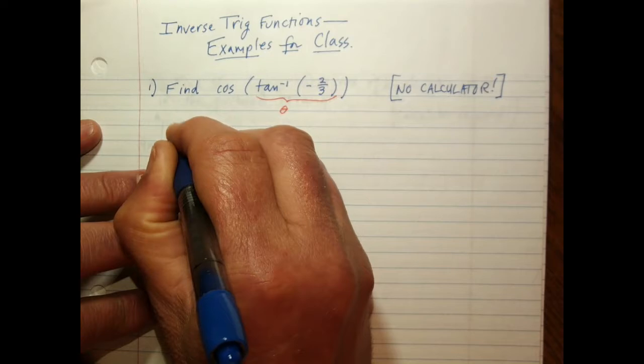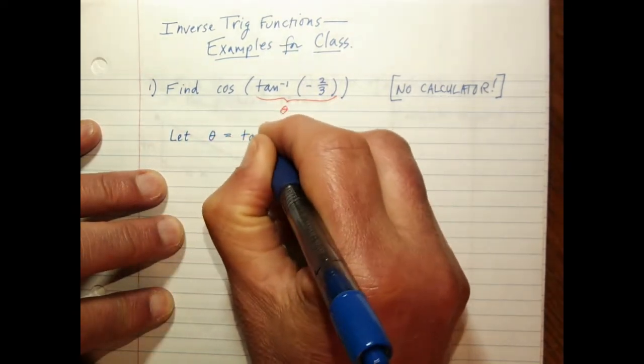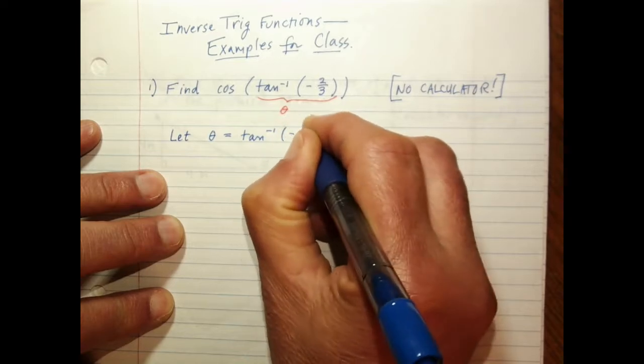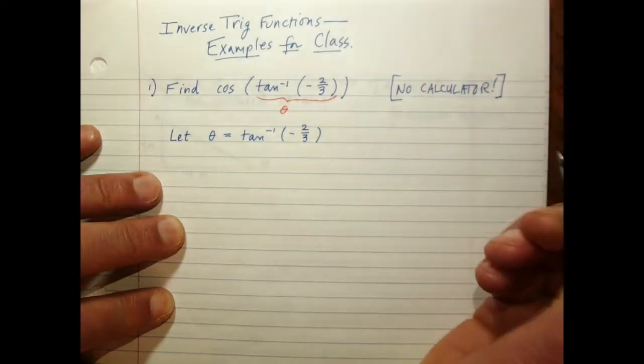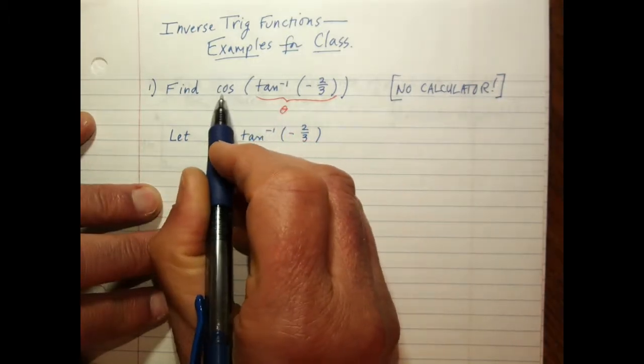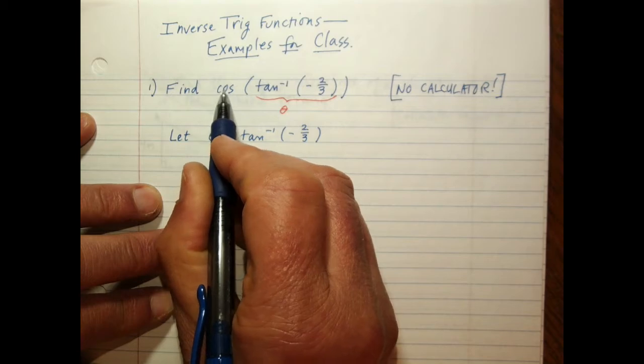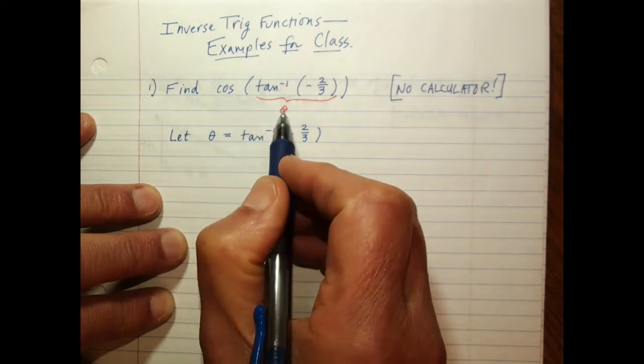So here we can let theta equal the tan inverse of negative 2/3. And our final answer for this problem is going to be cosine theta.